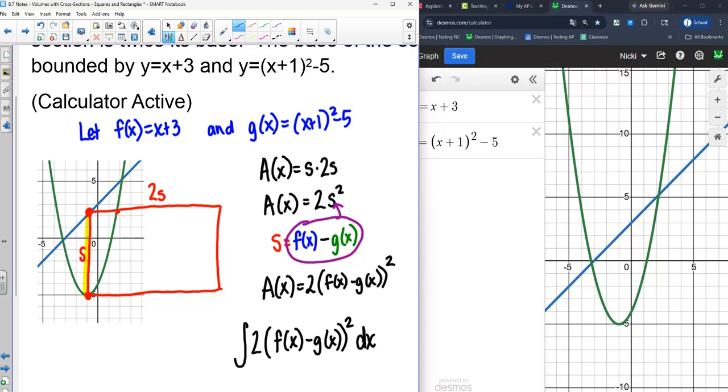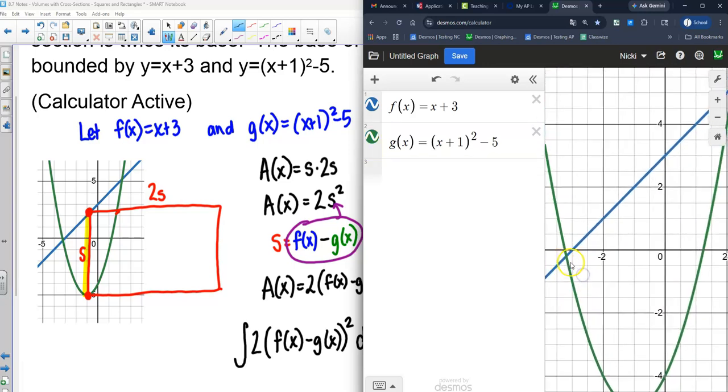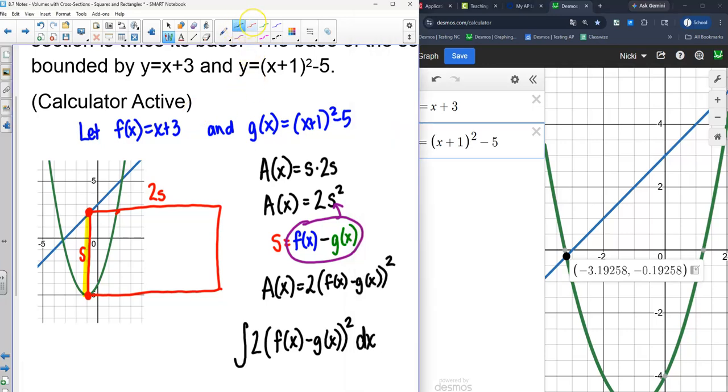What do my limits need to be? We're going to have to look on the graph. And actually, the limits on these are not very pretty, and that's partially because I came up with the problem. Sometimes they're going to be nicer. If you see something like this and you have ugly limits, make sure you don't round that off. You want to keep as much as you can. It's already rounded, but I'm going to hope that if they put it on the AP exam, they have checked to make sure that it's going to be accurate enough to be within 3 decimal places.